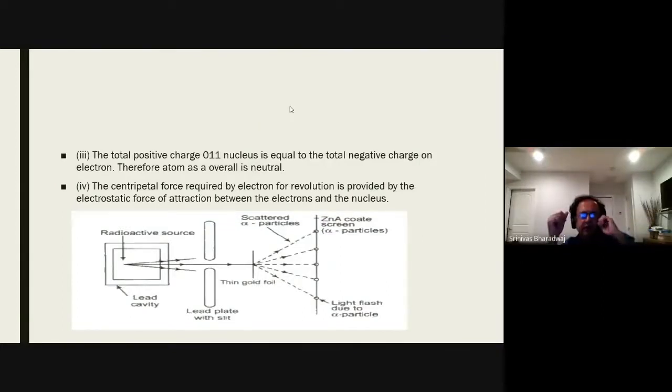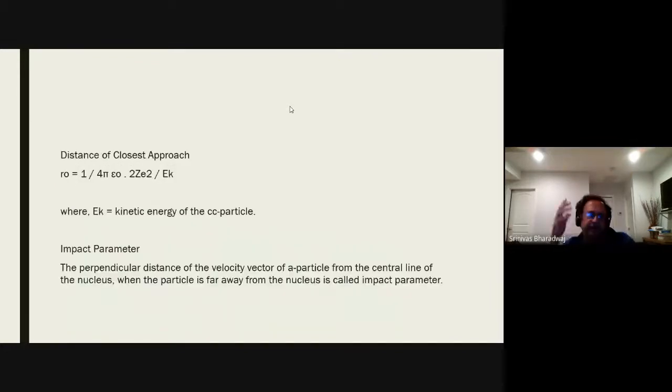Therefore, this also explains the heavy scattering when an alpha particle is pushed at a thin gold foil, and how these alpha particles get scattered. Now, an alpha particle is like a helium nucleus. The distance of closest approach is 1 by 4 pi epsilon naught, 2 z e square by E_k, where E_k is the kinetic energy of the particle, right?